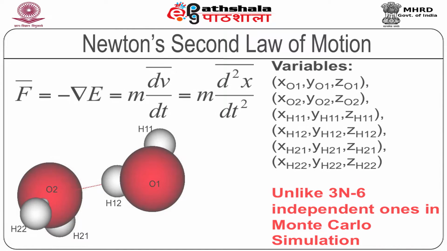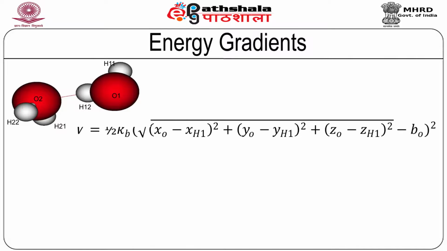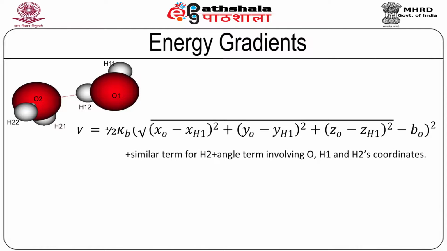So in other words, we have to calculate the potential energy with respect to the bond stretching, the bond of the first OH, O1, H1, then similar terms for H2, and the angle, and the second oxygen and all the hydrogens, and so on.